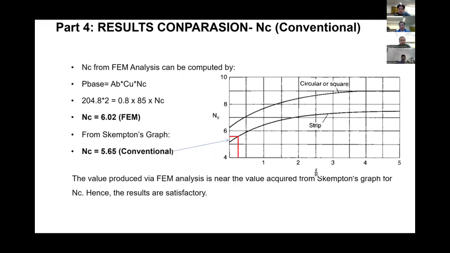As for the traditional method, the Skempton graph is used, and the NC can be retrieved from this graph as 5.65. As we can see, the differences between the FEM and conventional methods are very small, so we assume these results are satisfactory. Next.